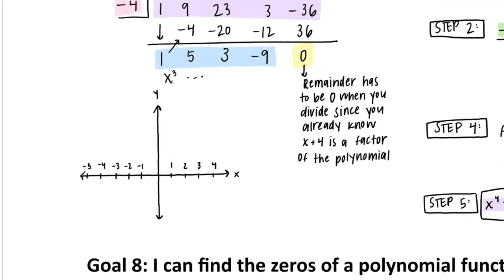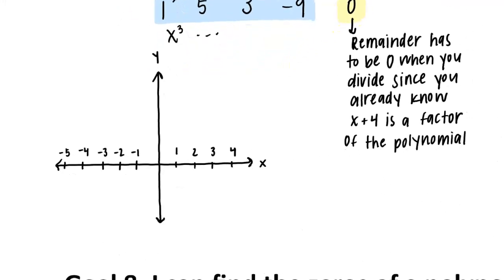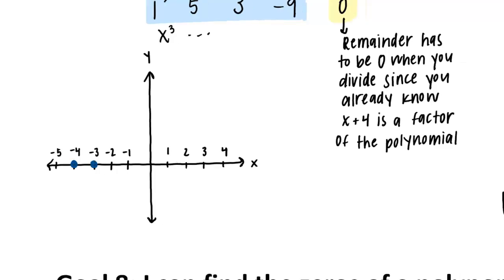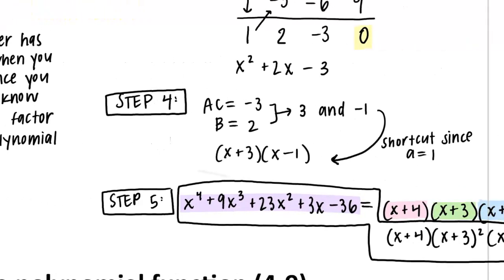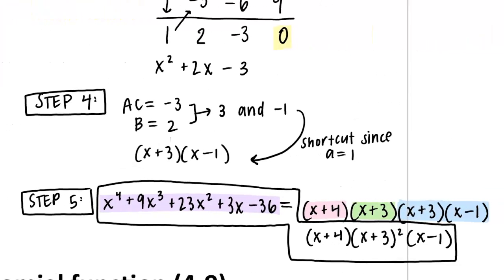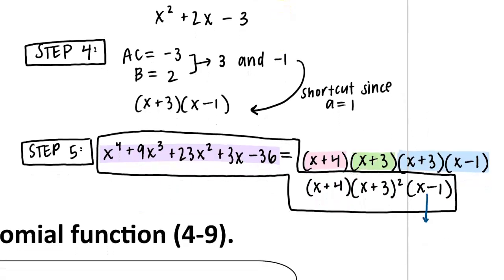We have an x-intercept at -4. We have an x-intercept at -3. And we have an x-intercept at +1. Because if I were to solve x minus 1 equals 0, I know I would get +1.